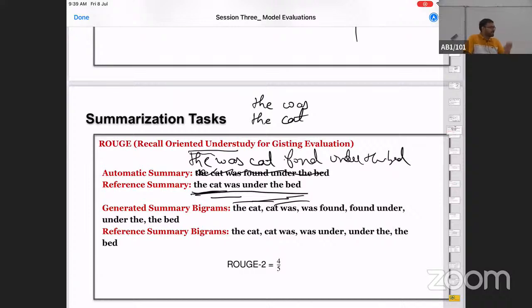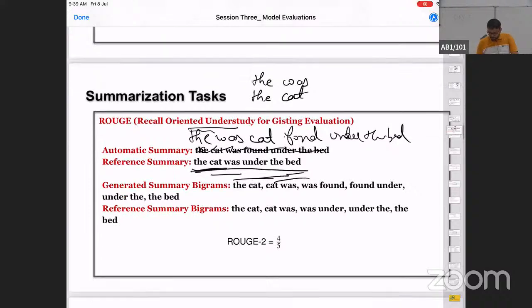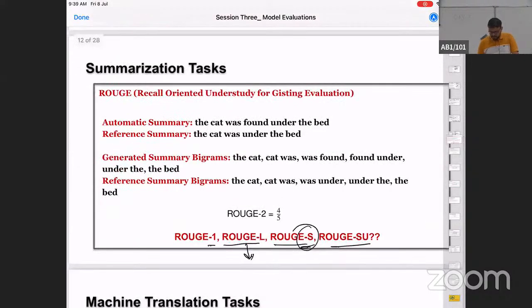So not necessarily consecutive bigrams, but those following the same order. That is called ROUGE-S.